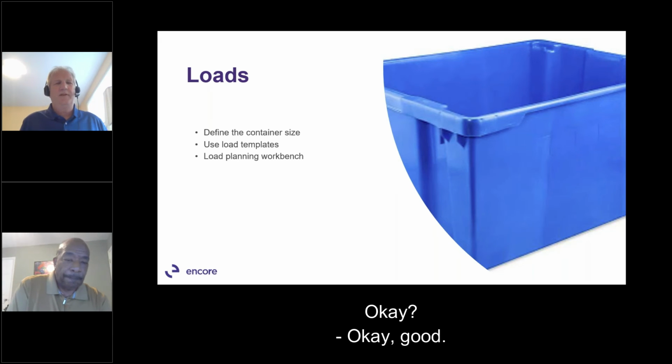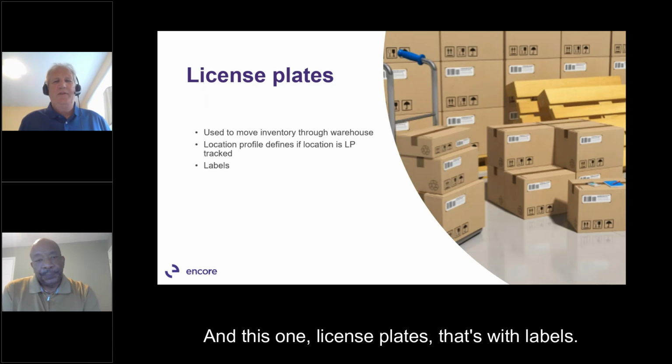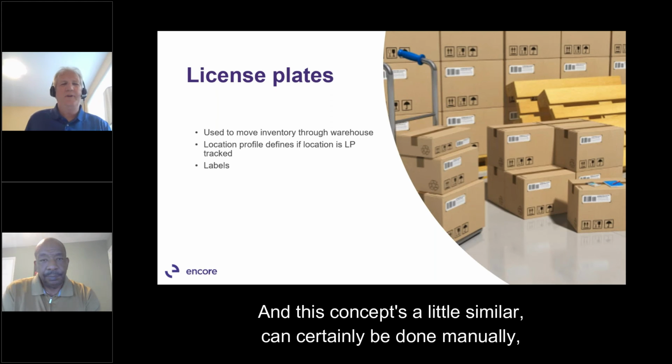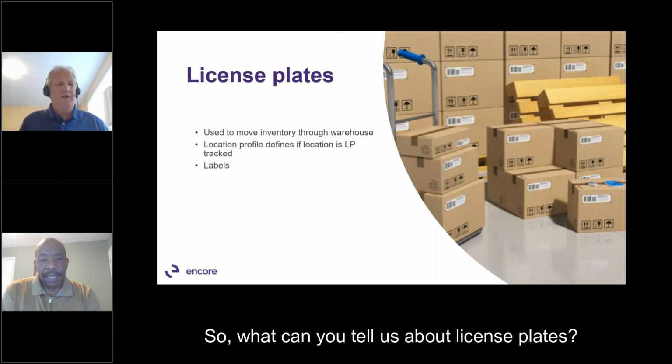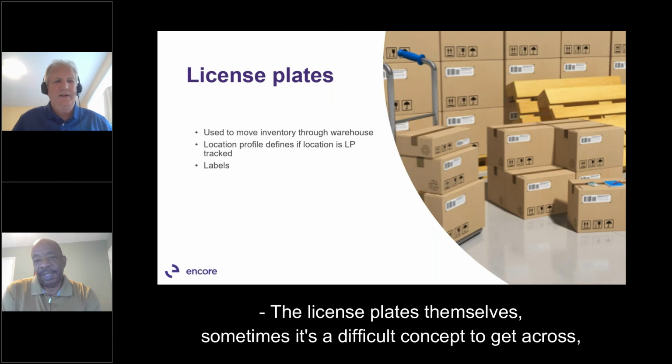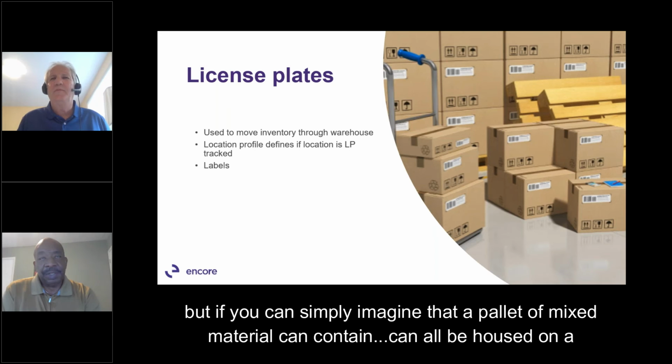Okay, good. And this one, license plates, with labels, this concept is similar and can certainly be done manually, but WMS does this more automatically. So tell us about license plates. Sometimes it's a difficult concept to get across, but if you can simply imagine that a pallet of mixed material can all be housed on a single license plate.